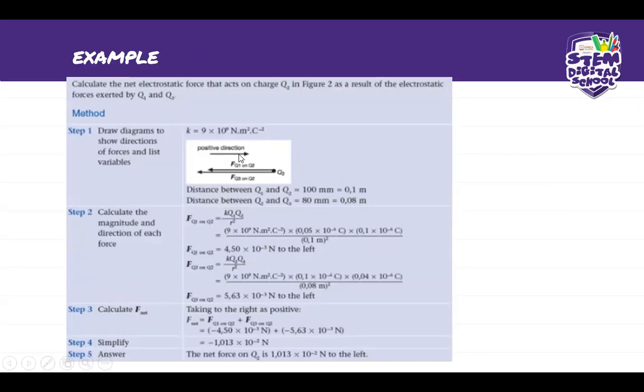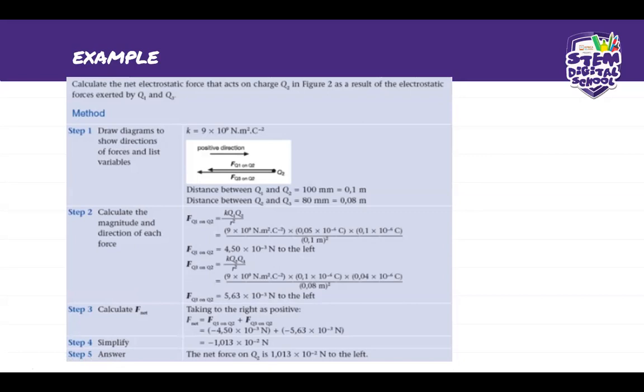Because remember, this is a positive direction, and these are the negative direction. And we said if our forces in there, you can see it's moving to the left. So it's going to be 5.63 times 10 to the power of minus 3 Newton to the left.